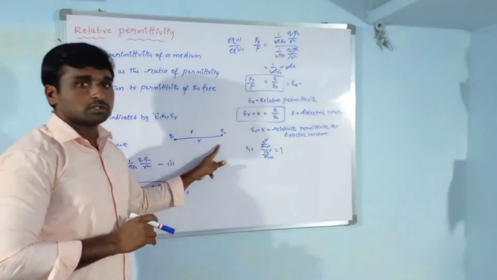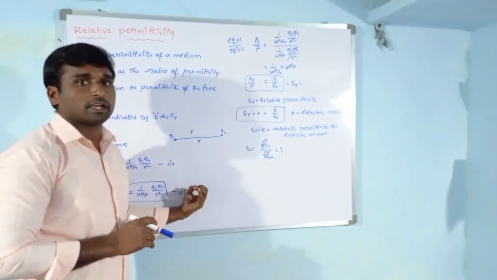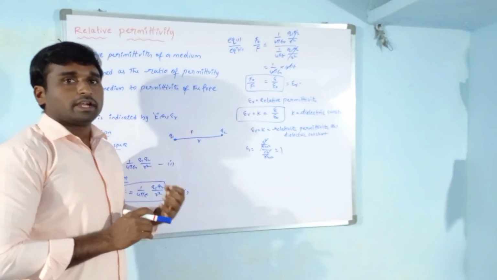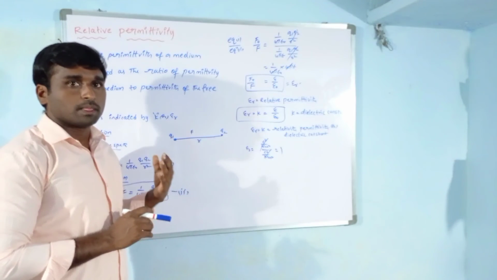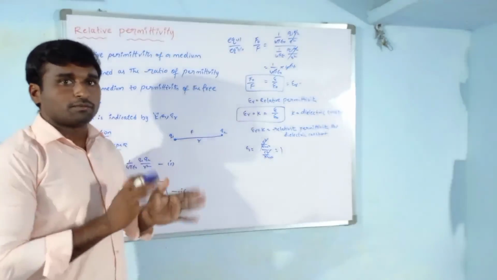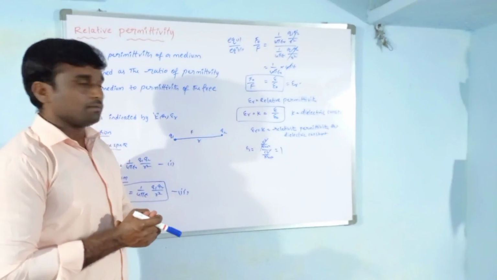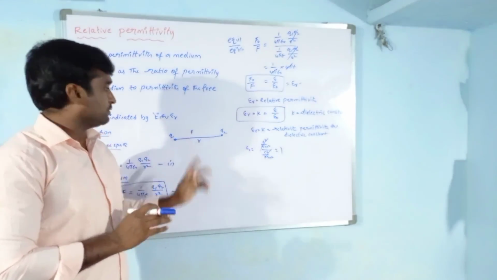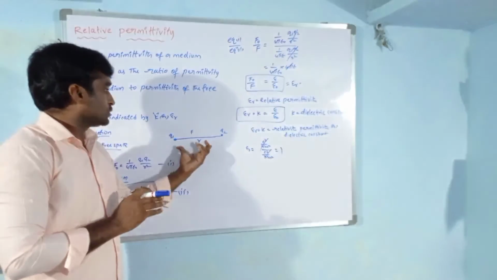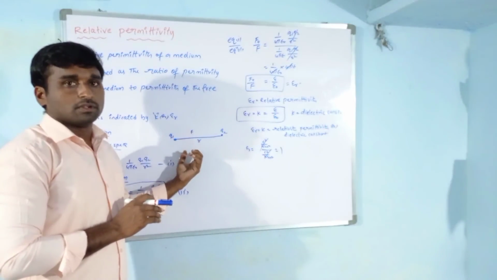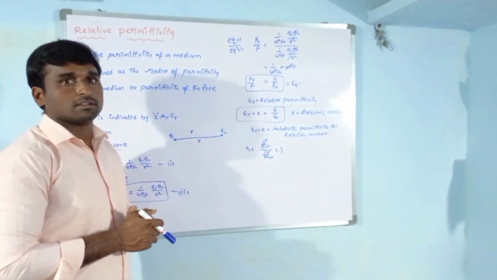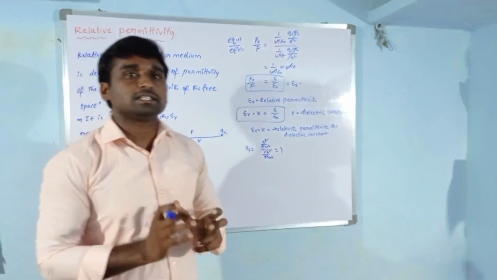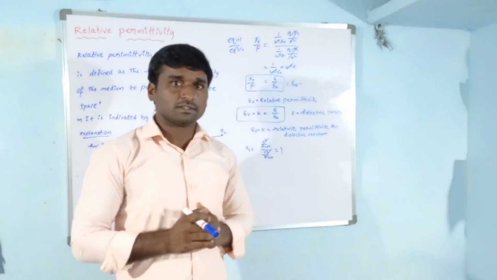When we take these charges in a medium, we get less force, that means the force decreases. The permittivity of the medium always decreases the force acting between the two charges.